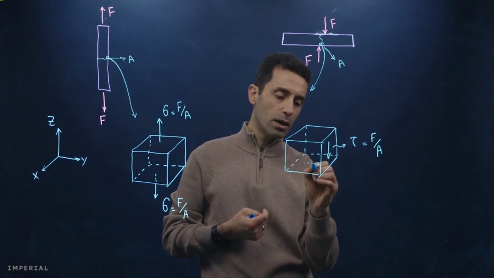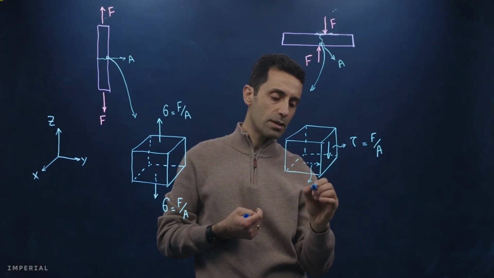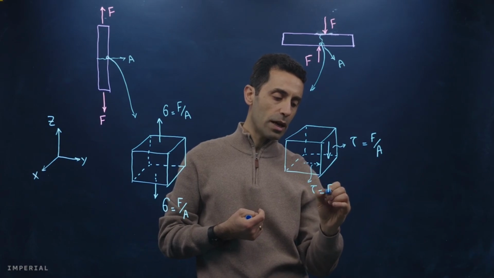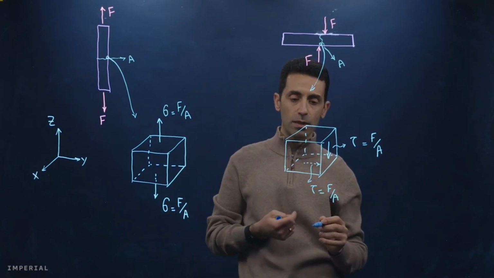I can show it with that. So this is as well tau, which is F over A. This is the shear stress applied here.